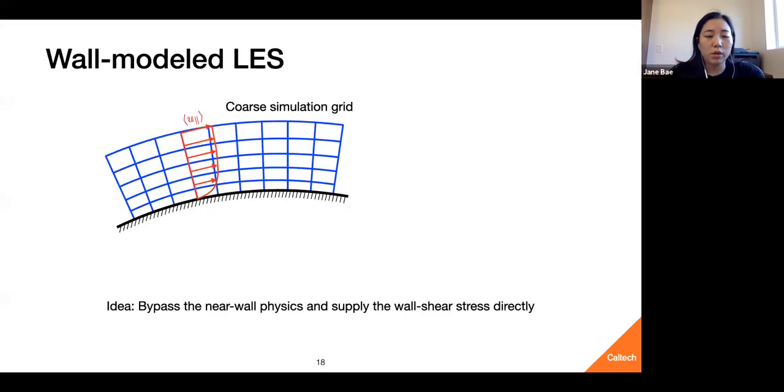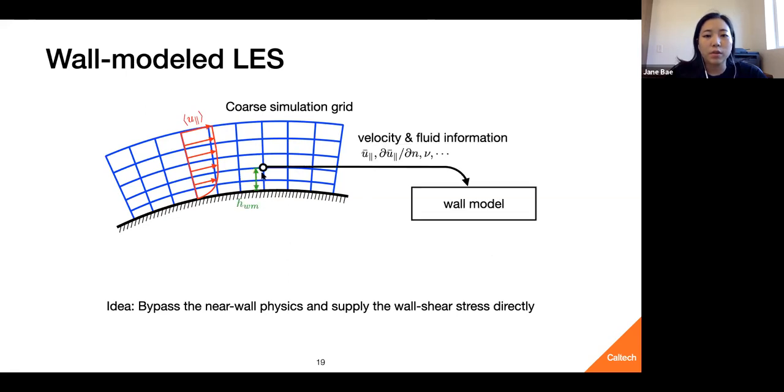I mentioned wall-modeled LES, so I'll describe a little more on how it actually works. It starts with a coarse simulation grid. So this is a wall-modeled LES grid. The idea is you take velocity and fluid information from an off-wall location, and you feed it to a wall model. This information could be something like the wall parallel velocities, the velocity gradients, the viscosity of the fluid, and so on.